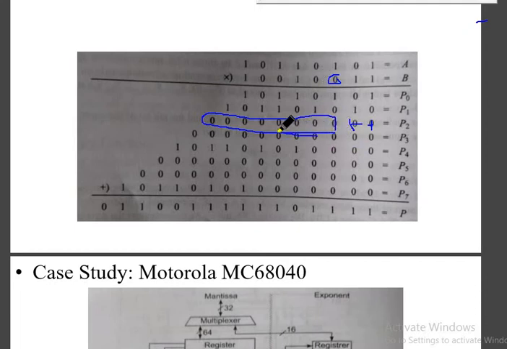Fourth bit multiplication, 3 plus symbols. Fifth bit multiplication, 4 plus symbols. We used to write like this in our school days. Next, the fourth bit is 1, so write the information as it is. Like that, if we finish the multiplication, this is the result.